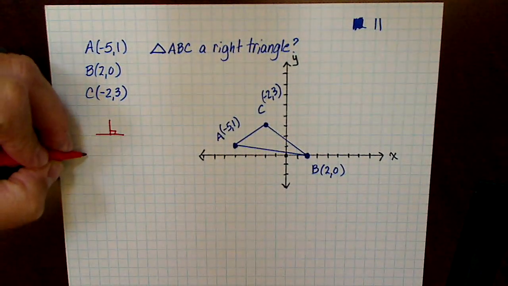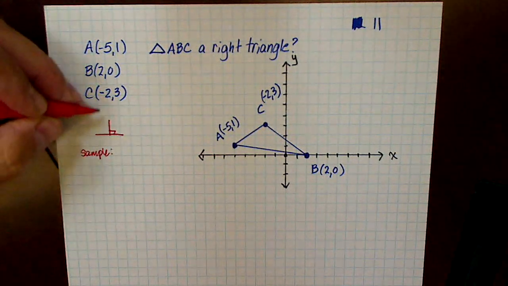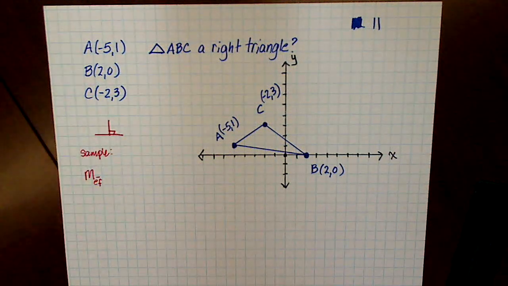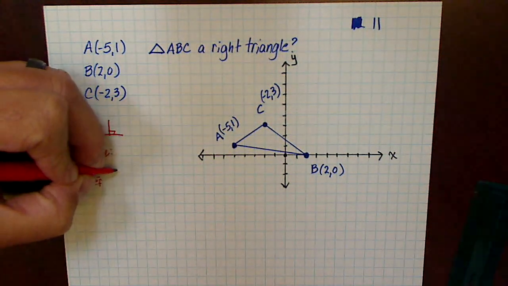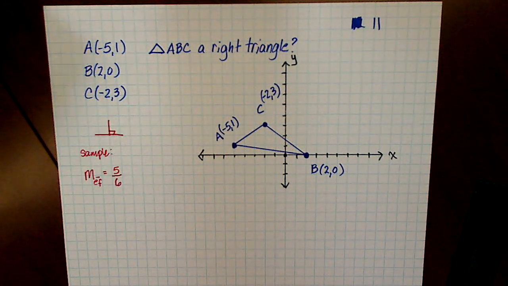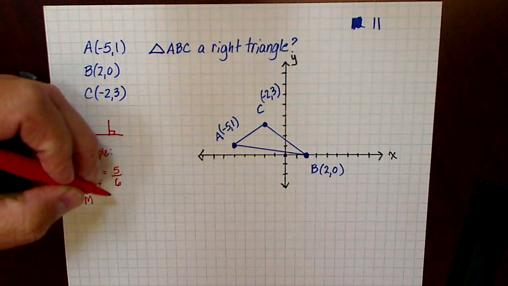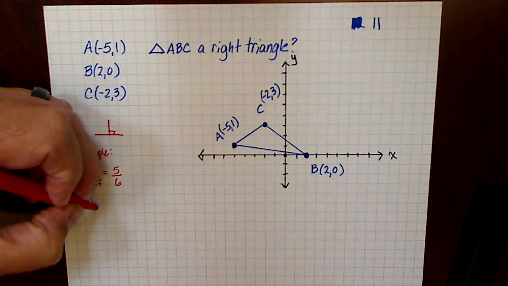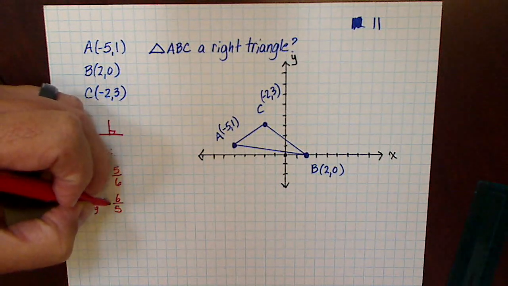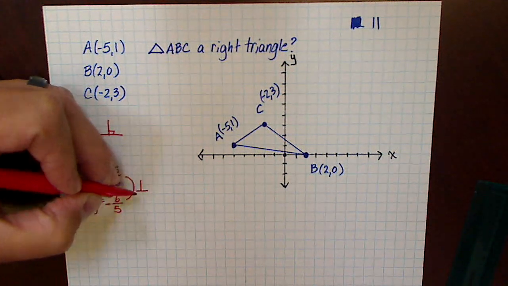As a sample, if the slope of one line, let's say the slope of line EF, is equal to 5/6, and the slope of FG is equal to 6/5 with the opposite sign, negative, then these two are perpendicular.